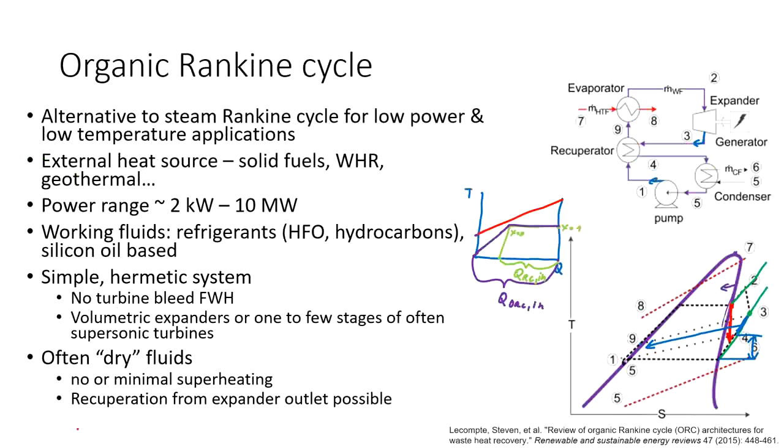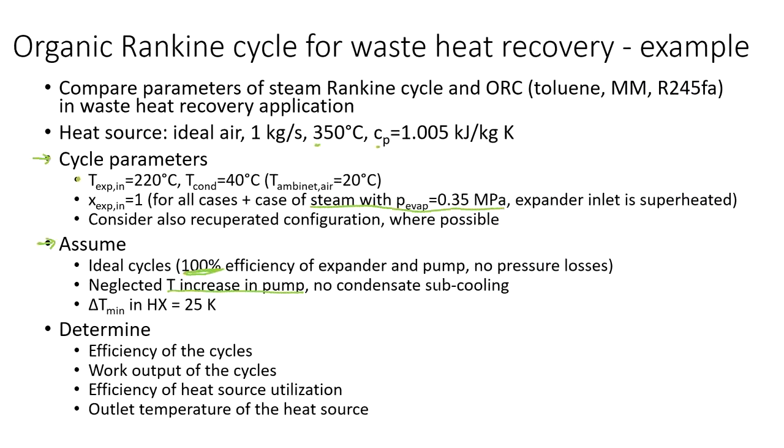The subcooling of the condensate was this part between the condensing temperature and the point at the pump inlet. So it will not be in here. And in all heat exchangers, there will be the minimum temperature difference, delta T min, 25 kelvins.